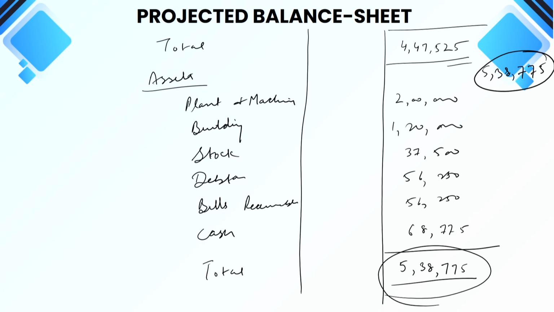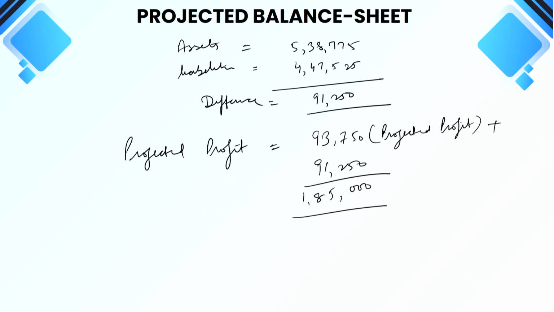I hope you know what I have done. We just found out the difference between the assets and liabilities and took the new profit, which we computed as a difference of 91,250, to be added to the projected profit of 93,750. So the total profit that we show in the projected balance sheet would be 1,85,000 rupees.